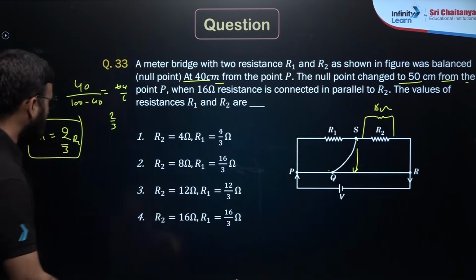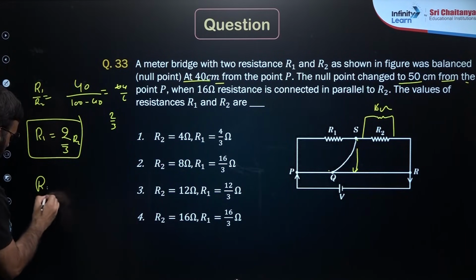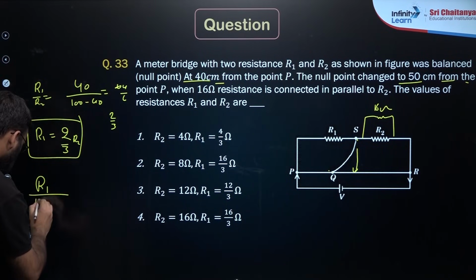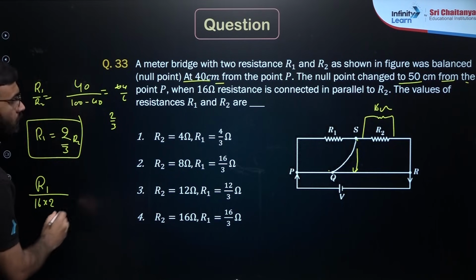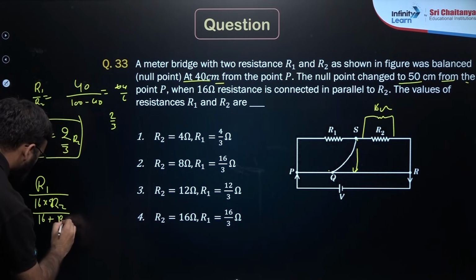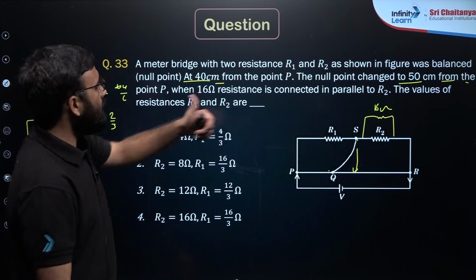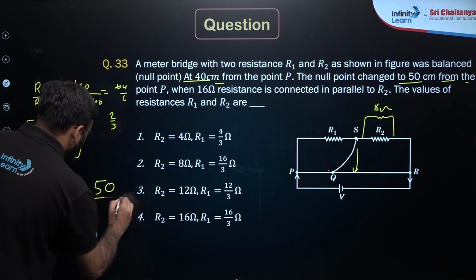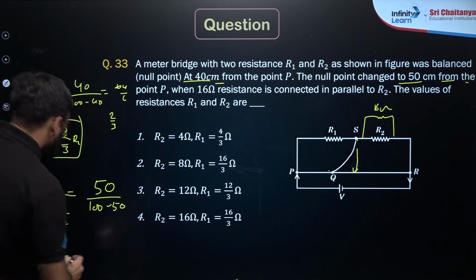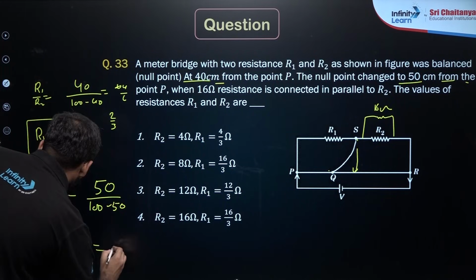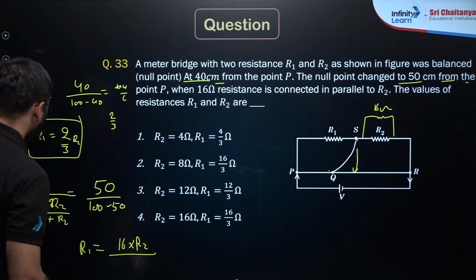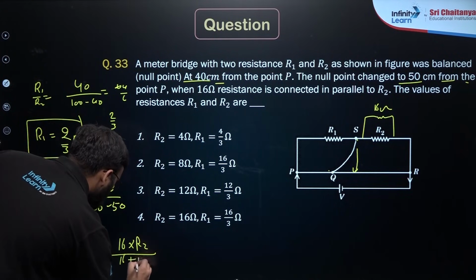R2 is replaced, so I apply R1 divided by, both are in parallel, so 16 into R2, divided by 16 plus R2, equals 50 divided by 100 minus 50. So 50 cancels out. So R1 equals 16 R2 divided by 16 plus R2.